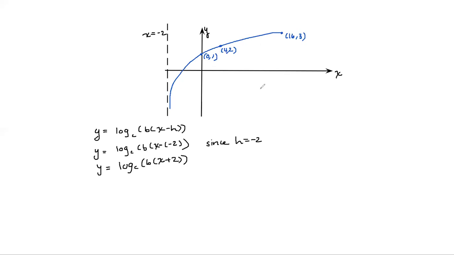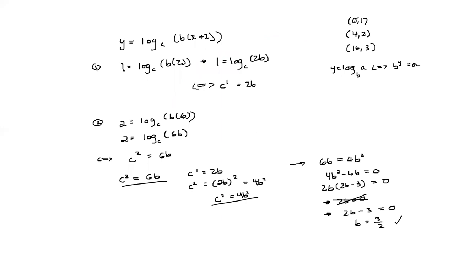Next, using the points that we are given, I can just plug in the values of x and y to have an equivalence for c. Either c is equal to 2b and c squared is equal to 6b. And using that, I can easily use a comparison, substitution, or elimination method in order to find the values of both b and c.